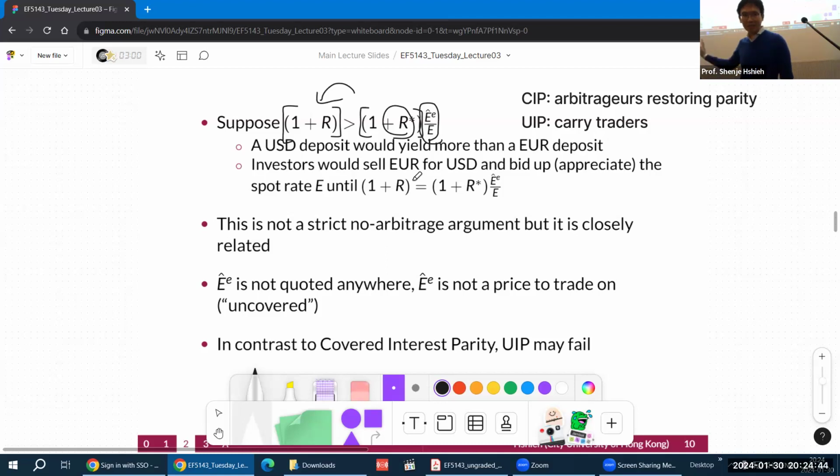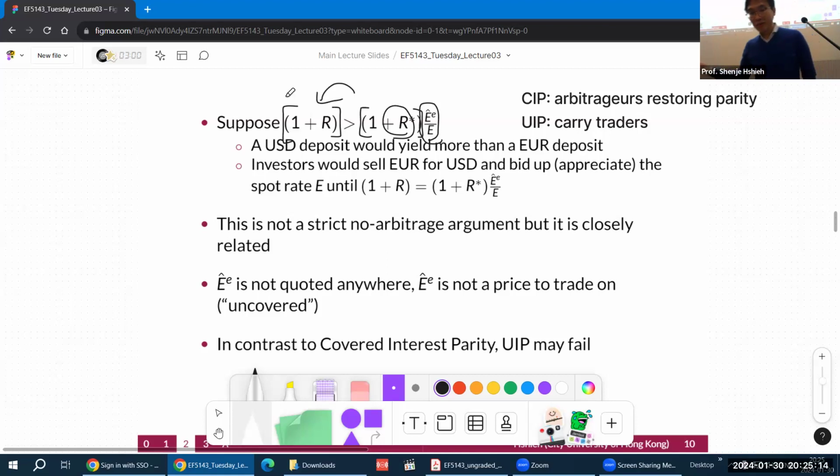You are intentionally exposing yourself to fluctuations in future E. Okay? But you'll keep doing this because on average, you believe that you'll make money, because all that's required for you to come in is if the left-hand side exceeds the right-hand side on average. You only care about averages as risk neutral investors.